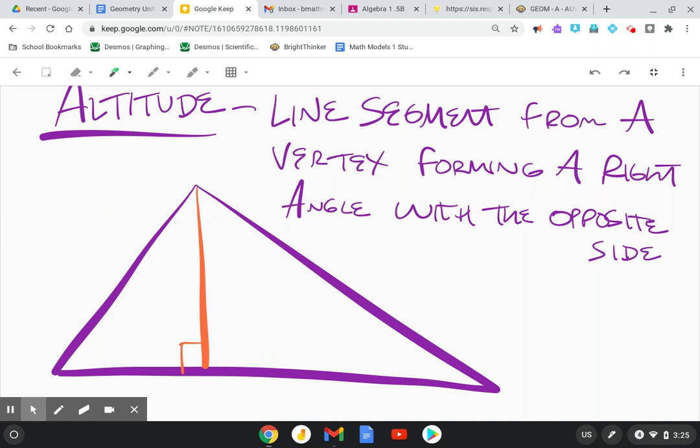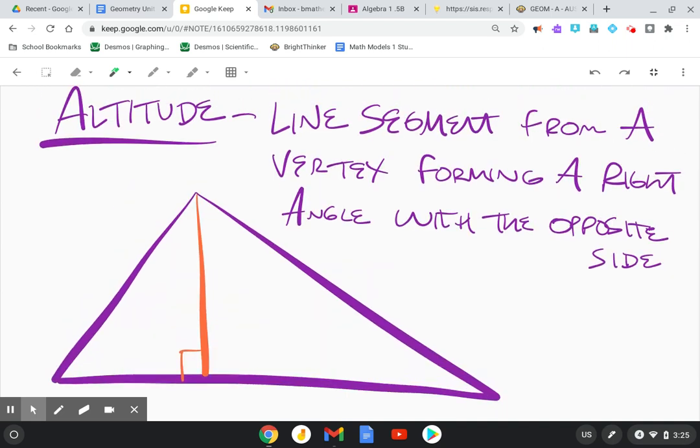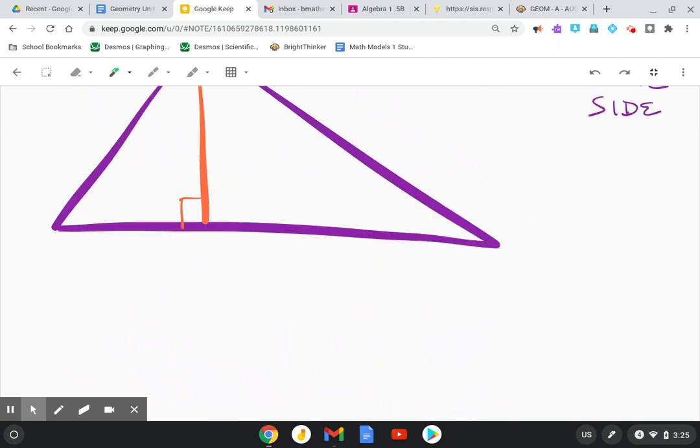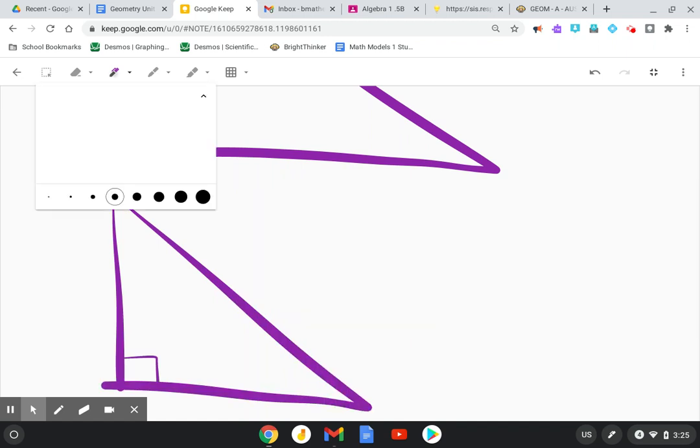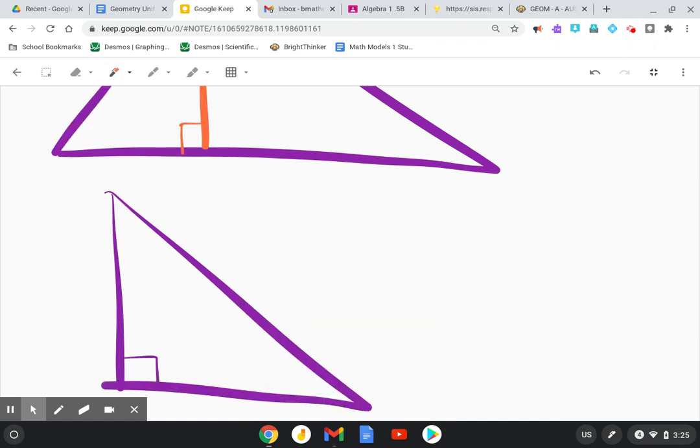Now, there are two unique cases that can come up. Usually it will look like this, but there are times where it will look something like this. Let's say I have a triangle that is already a right angle right there, and I say, draw the altitude of this. Well, if this is the vertex, then the altitude is actually the side of the triangle. It's no different than this side.